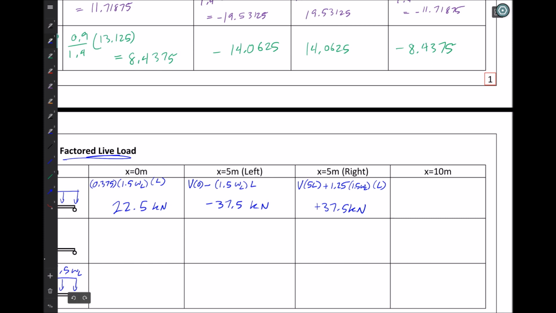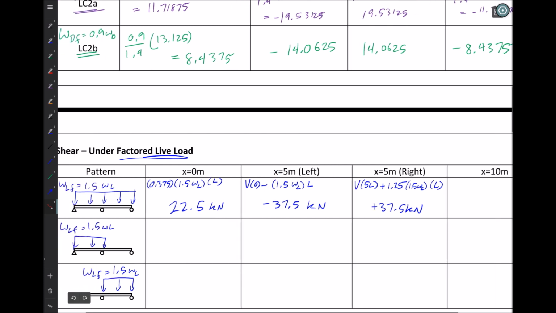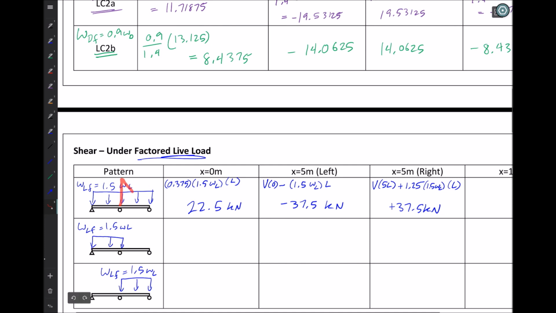And then finally, at 10 meters, we can either continue on and take 37.5 minus 1.25 times, minus 1.5 WL times L. So we can take the magnitude of shear here minus the distributed load to get to the value down there.